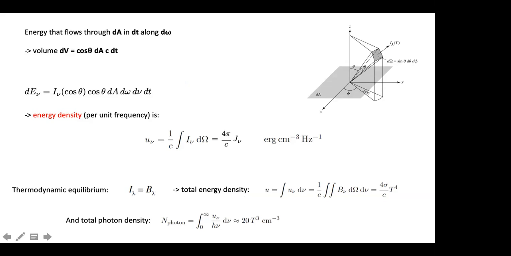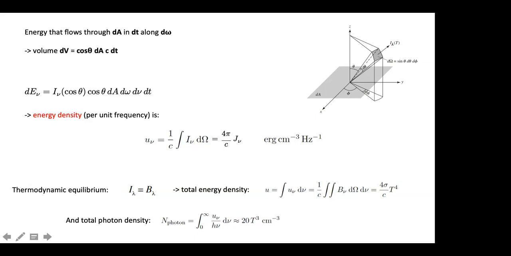Because energy density is energy per unit volume and per frequency, of course. That is the energy contained in a volume of the star. So far we have worked with surfaces, but here we have a density of energy in volume. How we get that? Well, we can use what we have just defined.